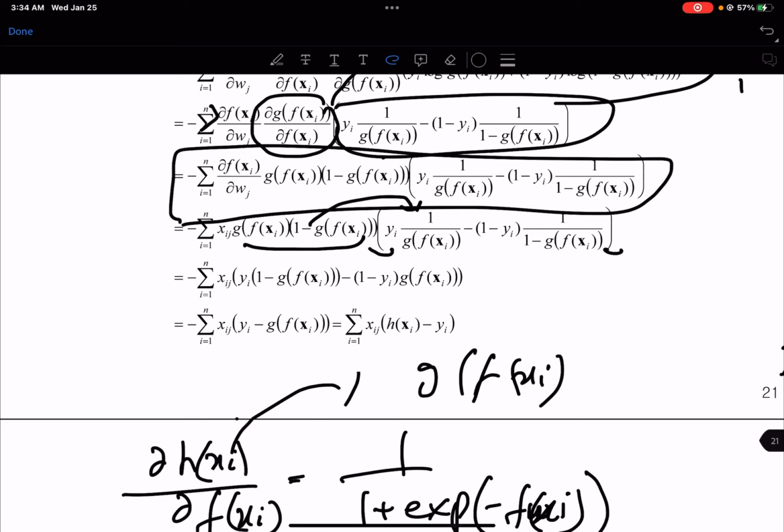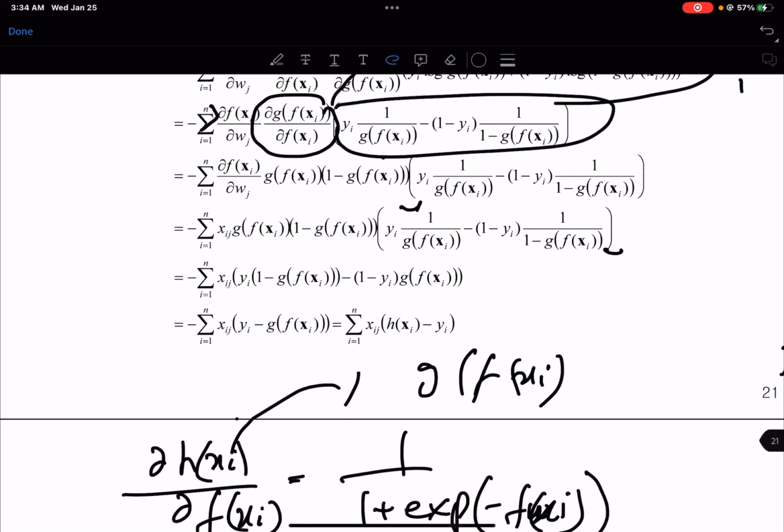And then when we multiply this term with this, the second term will be removed, and from here this term is removed, and for this term removed, and we are left with, for the first part, this, and for the second part on the denominator we have 1 minus g of x, so we will be left with g of x, right?